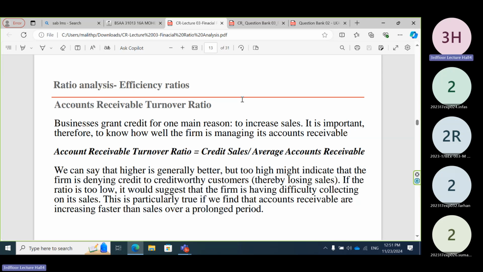Prolonged, we had a definition in LKAS 39, the previous standard. If you have a prolonged period decrease in the market value of the asset, definitely you have to make a provision. Prolonged means maybe 3 years, 2 years, right?